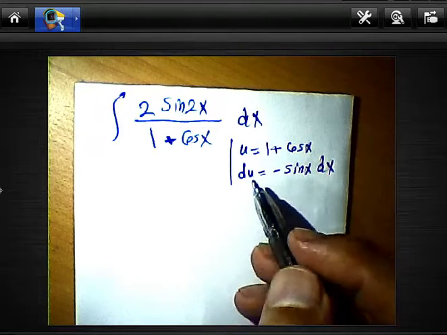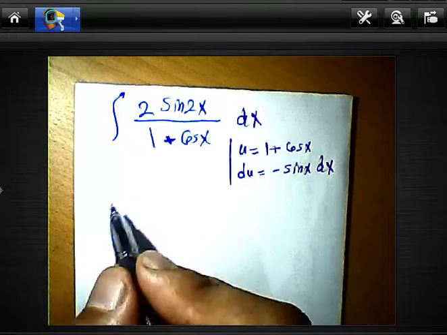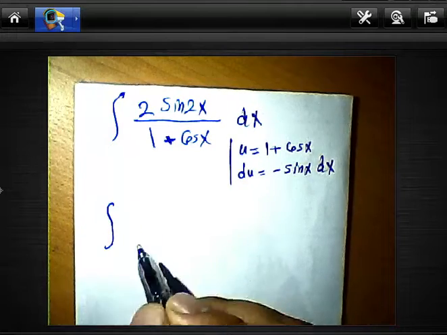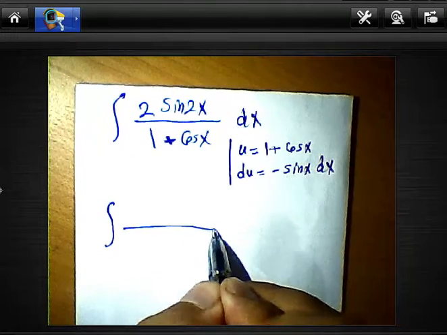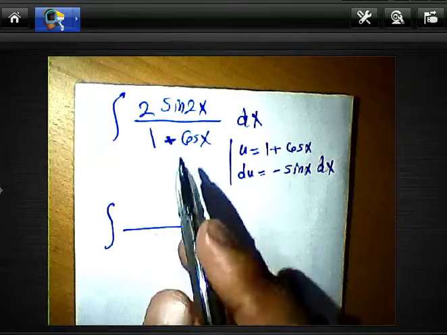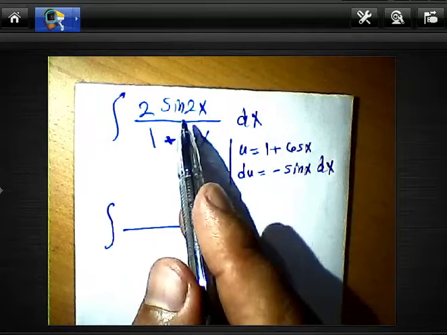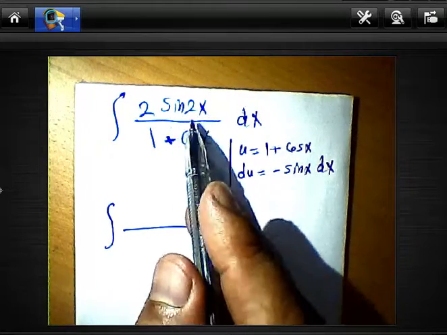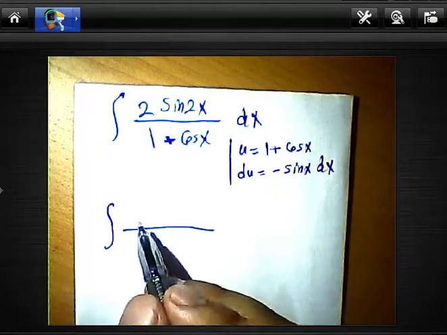So we can write here the integral of u, and we know sine 2x equal 2 sine x cosine x. We can simplify it.